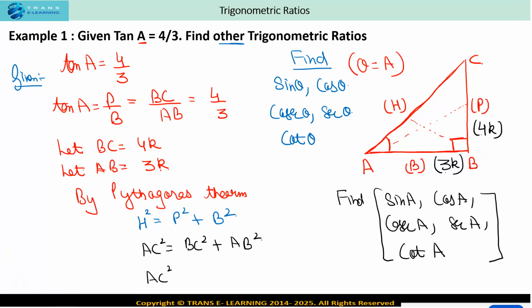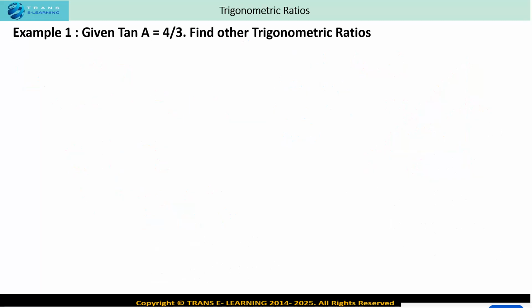So AC square will be equal to 4k square plus 3k square. Now we are going to solve this. We get AC square is equal to 25k square, and on taking the square root of 25k square, we get 5k.